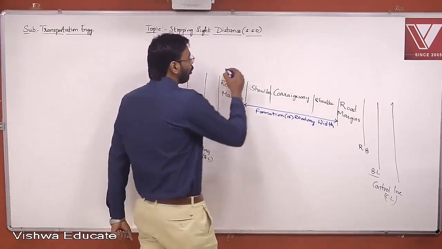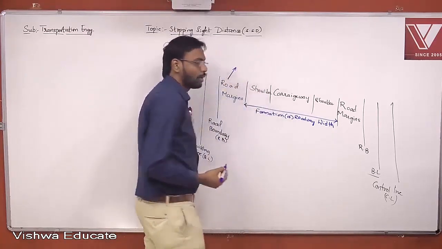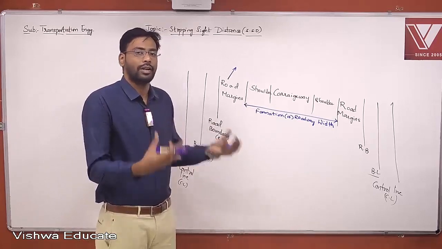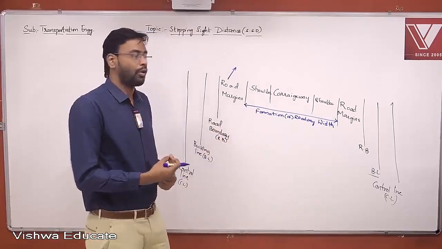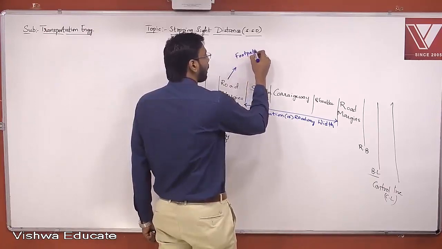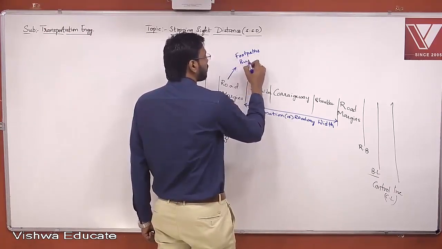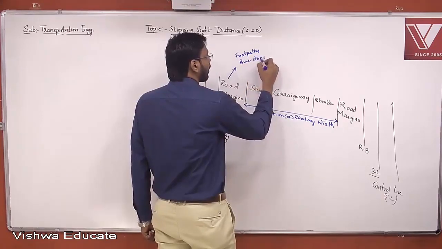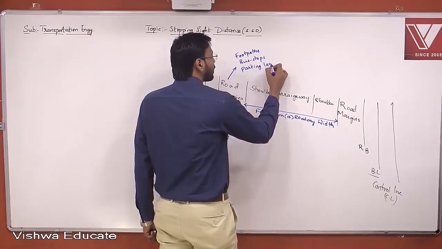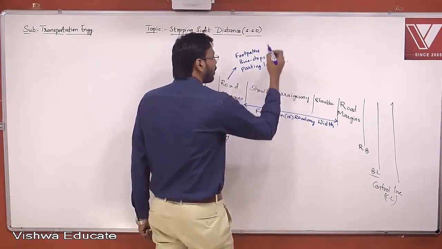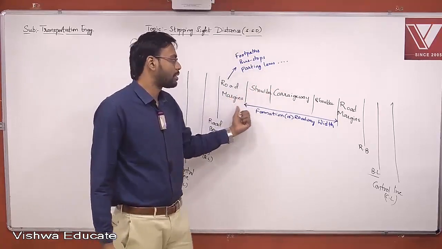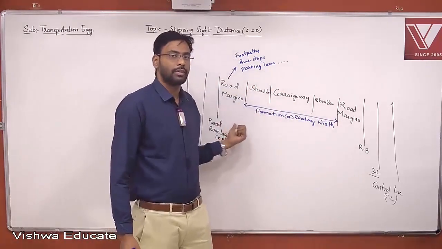Now, what is this road margin? What will be provided in these road margins? If you want to provide any facilities on this particular road, like footpaths, bus stops, parking lanes, etc., then you can provide all those facilities in these road margins, right?